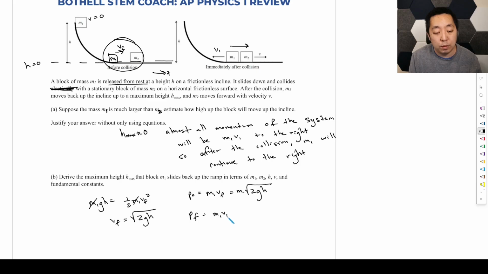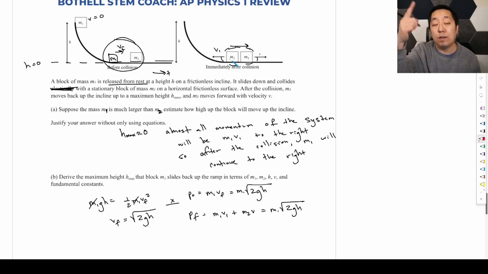It'll be minus m1 v1 plus m2 v, and that's equal to m1 square root of 2gh by conservation of momentum. Why is momentum conserved? Because if you think of the system as being both blocks, there are no horizontal forces. This is the x direction momentum, horizontally, because the only forces external to the system are gravity and the normal force, and those are in the vertical direction. So then we get this kind of equation here.